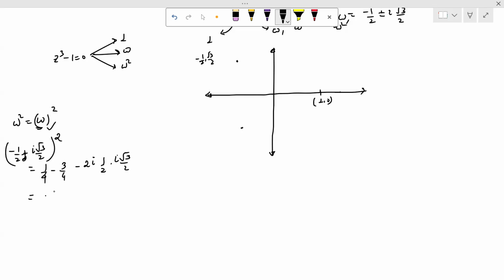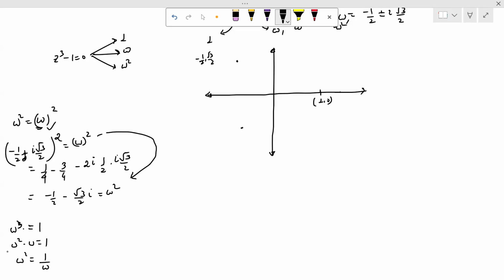So from here you will get minus 1 upon 2 minus root 3 by 2 iota, which is equal to omega square. So remember, omega whole square is equal to omega square. Also remember that omega cube is equal to 1, which implies omega square into omega is 1, which implies that omega square is equal to 1 upon omega. So one is the reciprocal of the other also.